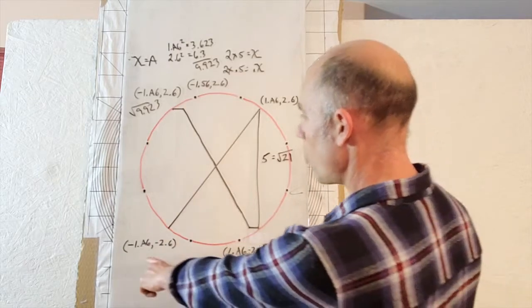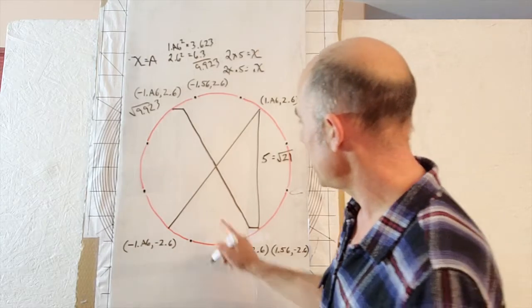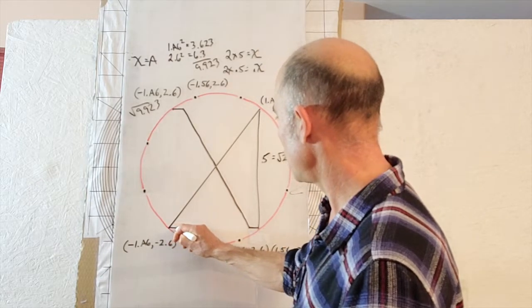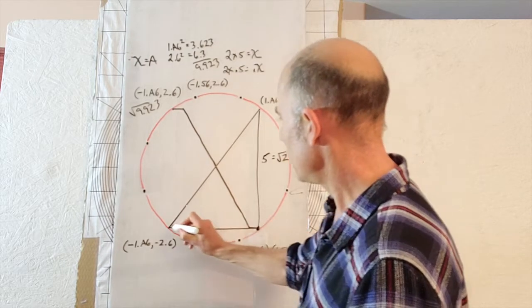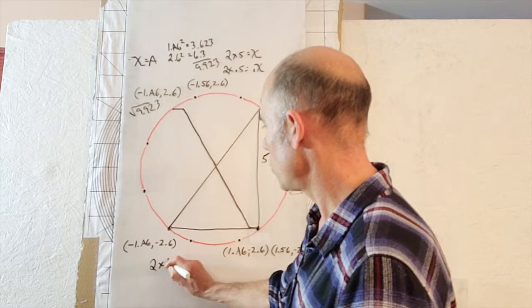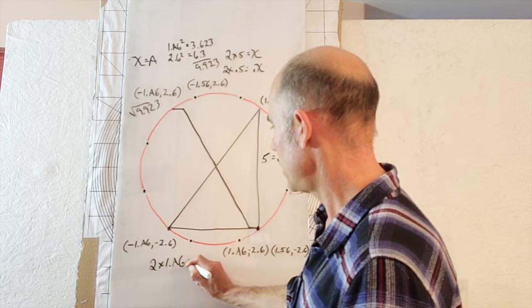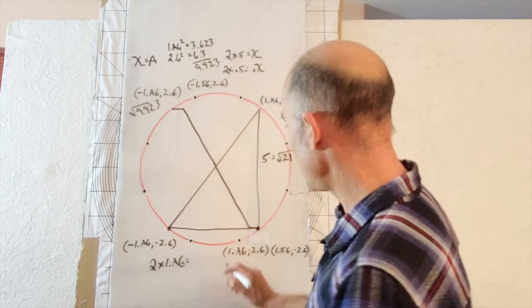Well, we have these 2 coordinates, negative 1.A6 and 1.A6. So basically if I was to draw a line along here to this point here, that line is going to have the length of 2 times 1.A6, and that is 3.9.